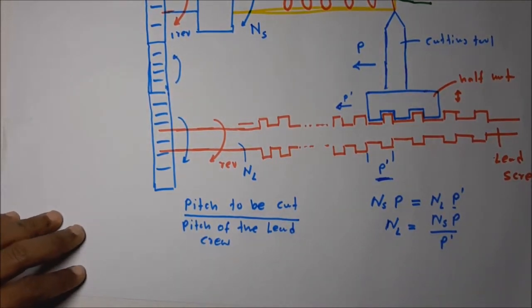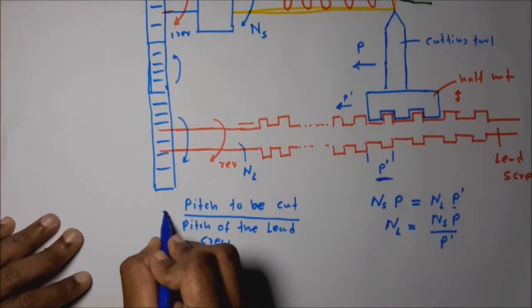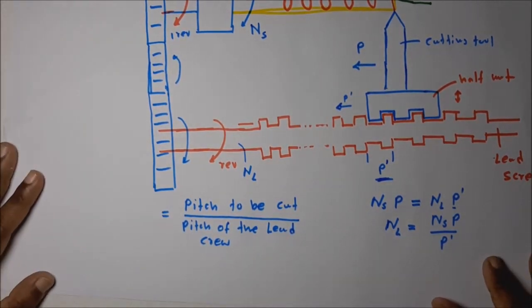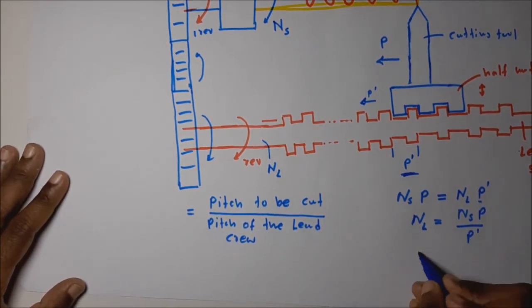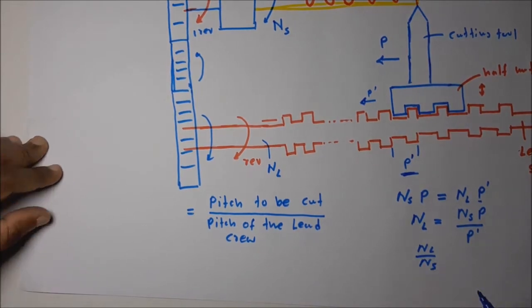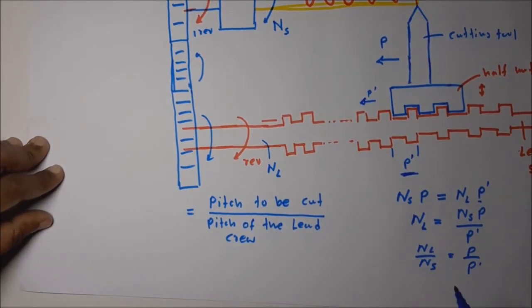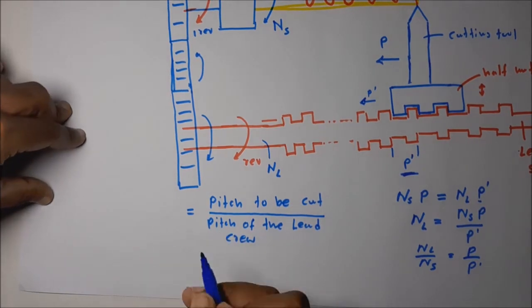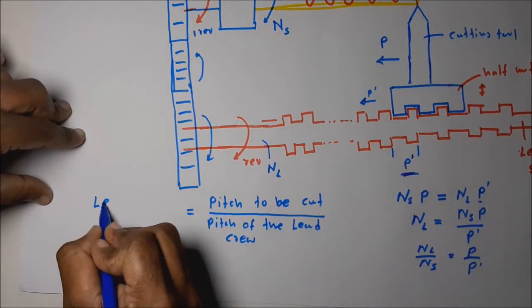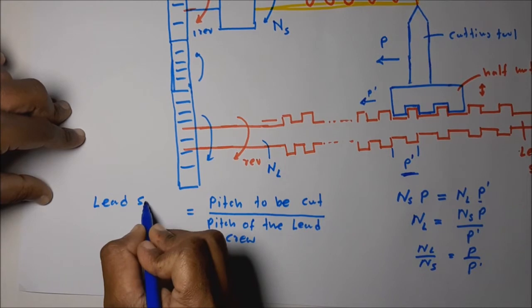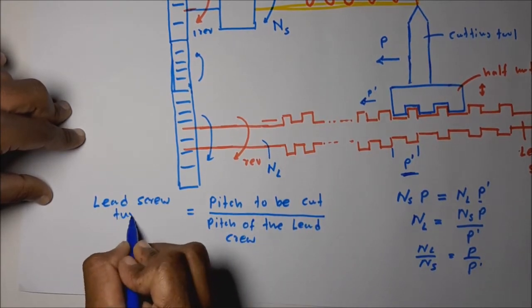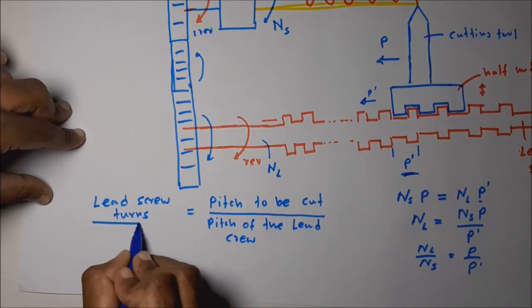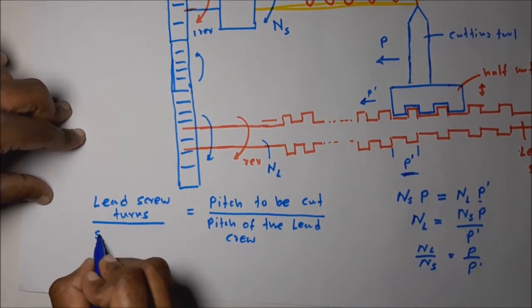NL divided by NS is equal to P divided by P dash: lead screw turns divided by spindle turns.